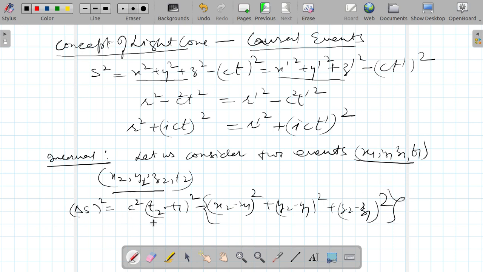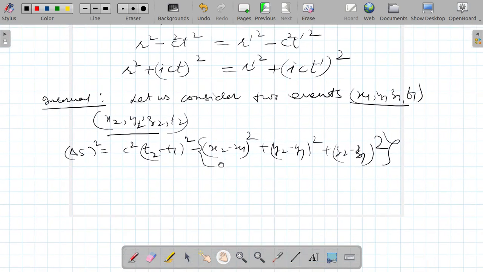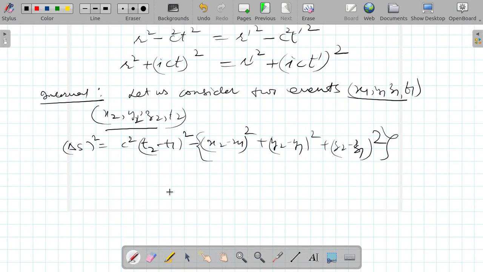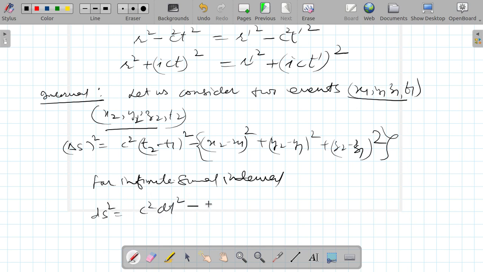Right? Or if these two points are infinitesimal, so for an infinitesimal interval this equation reduces to ds square is equal to c square dt square minus dx square minus dy square minus dz square, if I open this bracket.